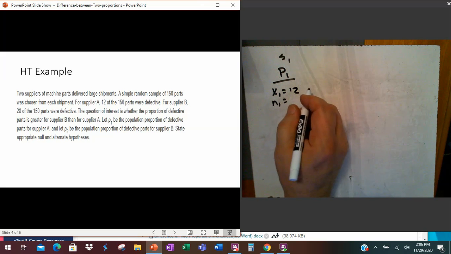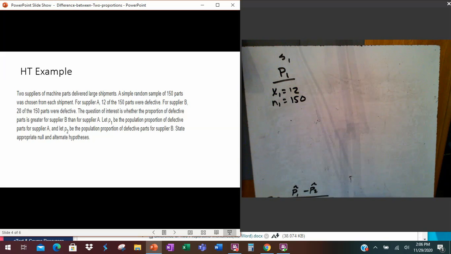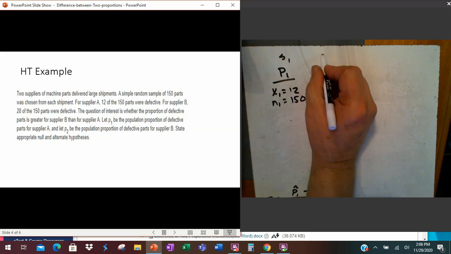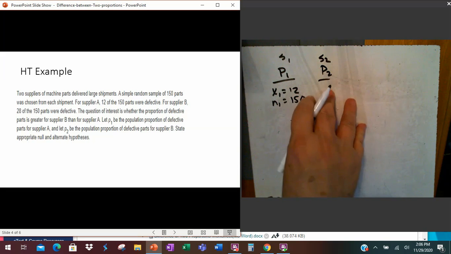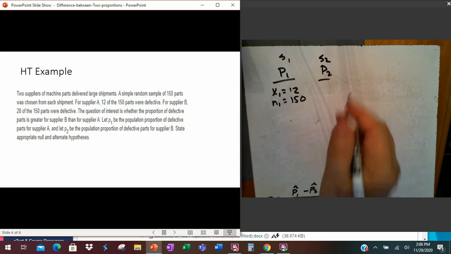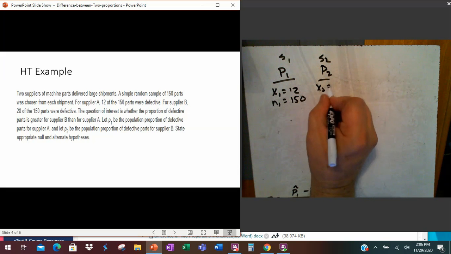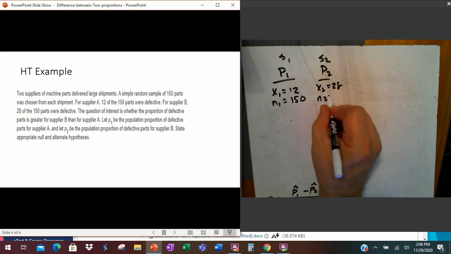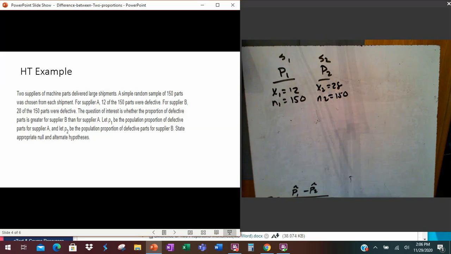N1, the size of the first one, was 150. And then from P2, this is my sample 2 out of population 2, X2 was 28 over, and this is again 150.